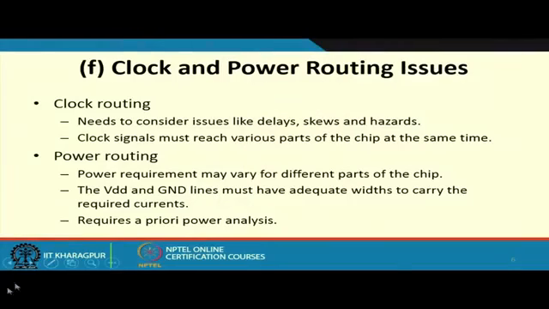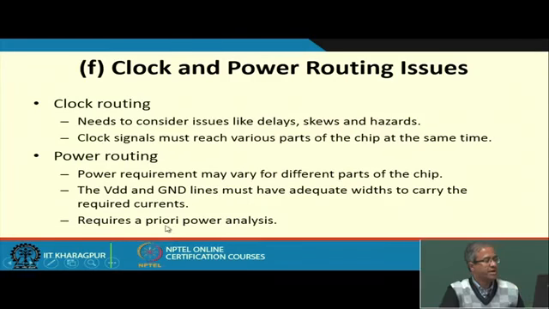Somewhere where a lot of current is expected to flow, the line can be wider, later on the lines can become thinner and thinner, as the power signals are getting distributed in the power supply. So, this would require a priori power analysis to be done to decide on the exact widths of these lines.